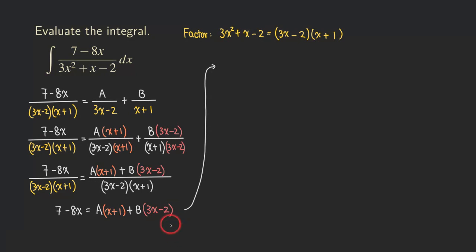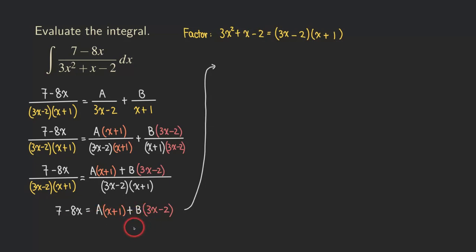One way, which is the traditional way, is to distribute the a, distribute the b, and then simplify the right hand side. And then once you simplify the right hand side, you are going to be getting a polynomial on the right hand side. And then because you're also getting a polynomial on the left, you can just match the coefficients. And then from there, you may be able to set up a system of equations that will allow you to find a and b. So that's the traditional way of doing it.